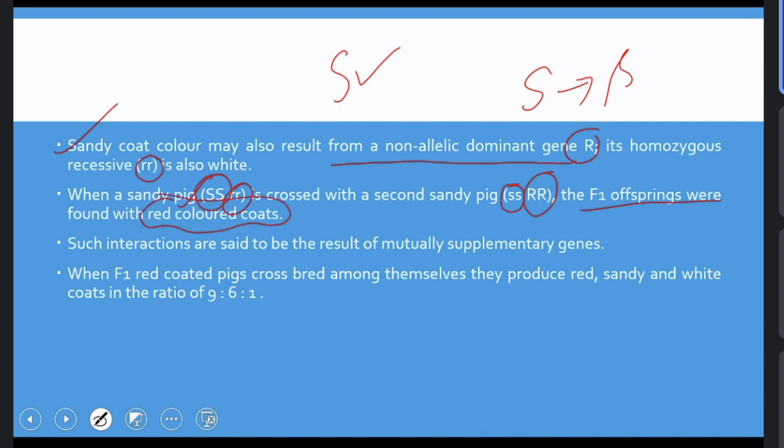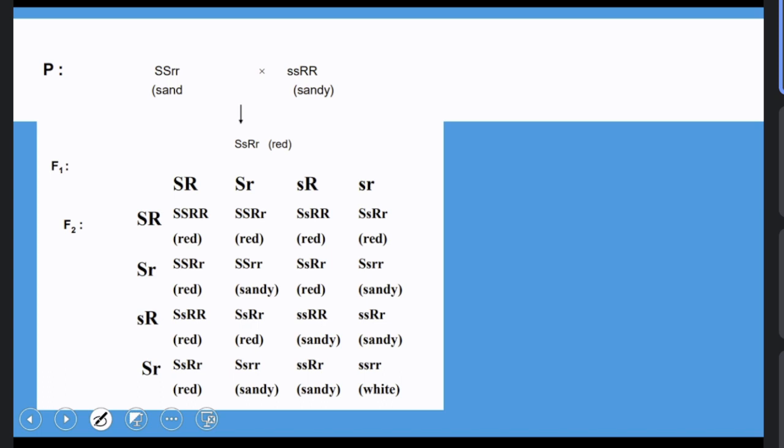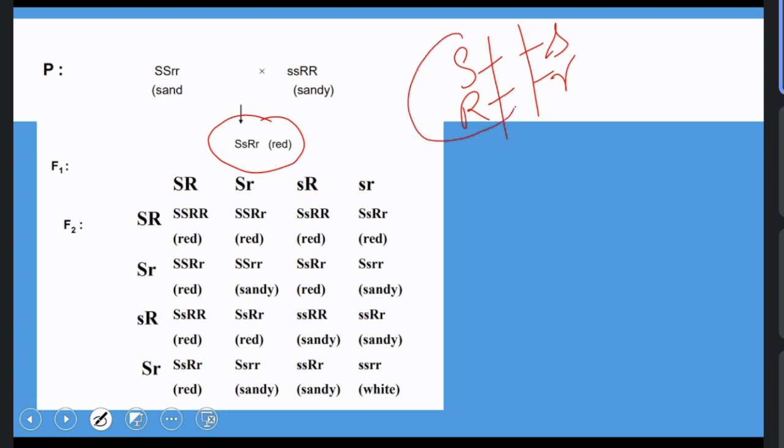red colored coats. See here, these are red colored. Why? The first locus is occupied by a dominant gene and the second locus is also occupied by a dominant gene. That means when both the dominant genes are present, sandy will not be produced, and it results in a red color.